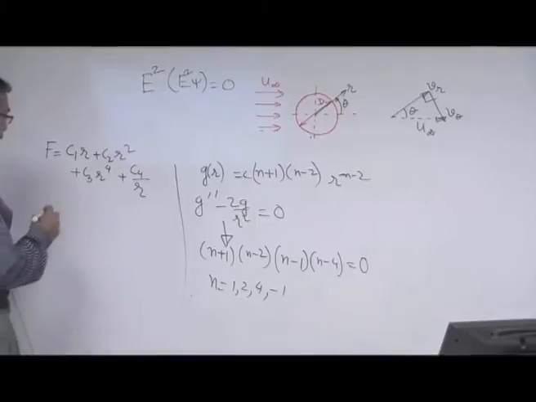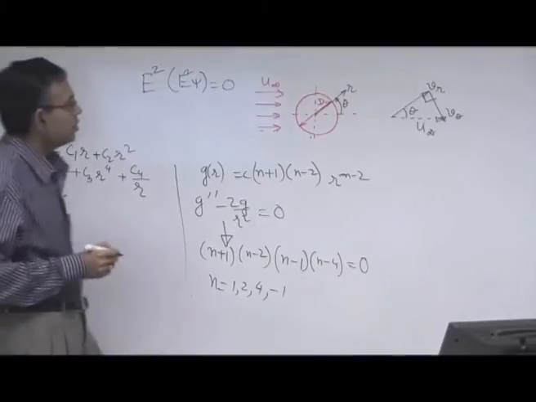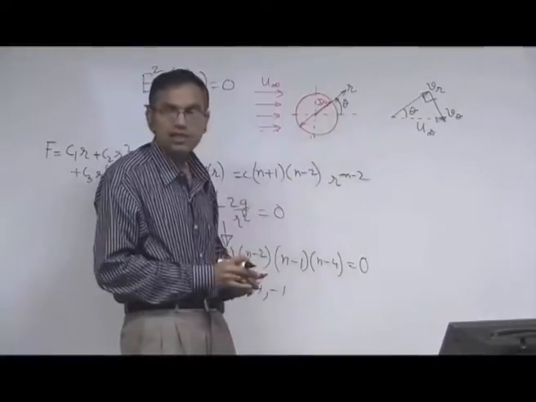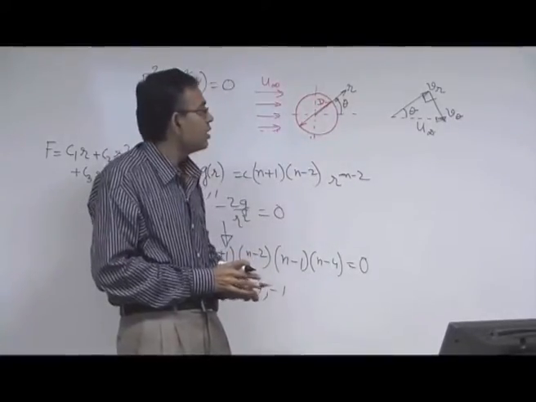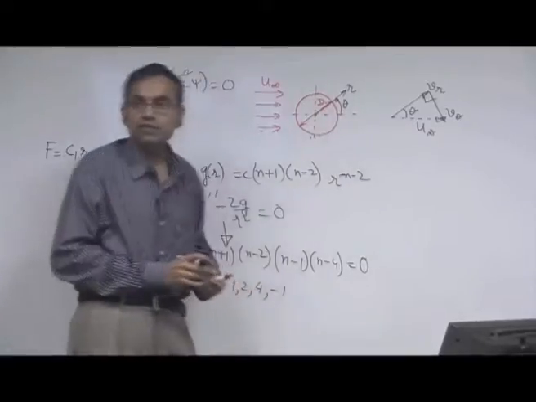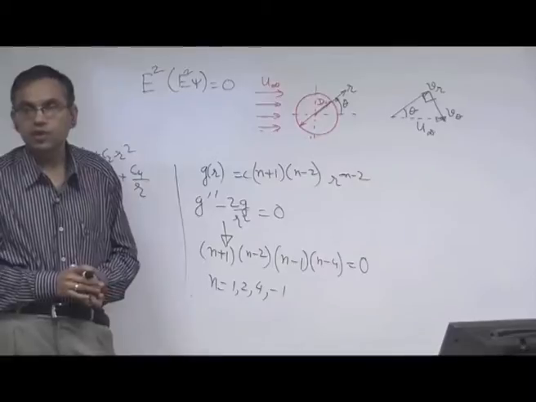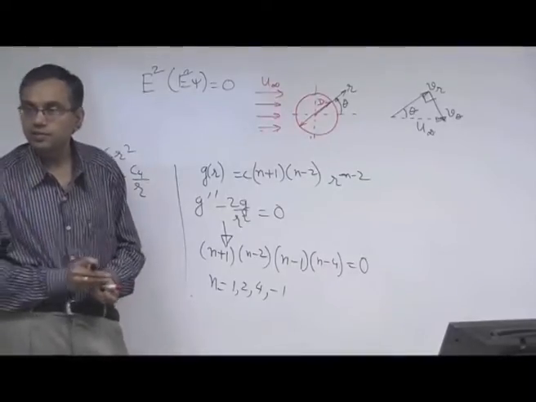Now, what are the boundary conditions? So, two boundary conditions you are obtaining on the surface of the sphere. What are the boundary conditions on the surface of the sphere? No slip and no penetration.